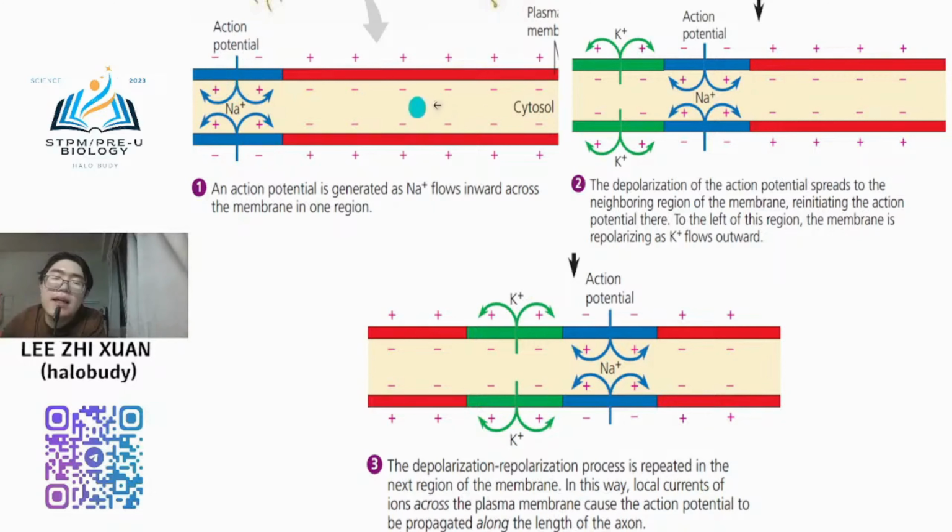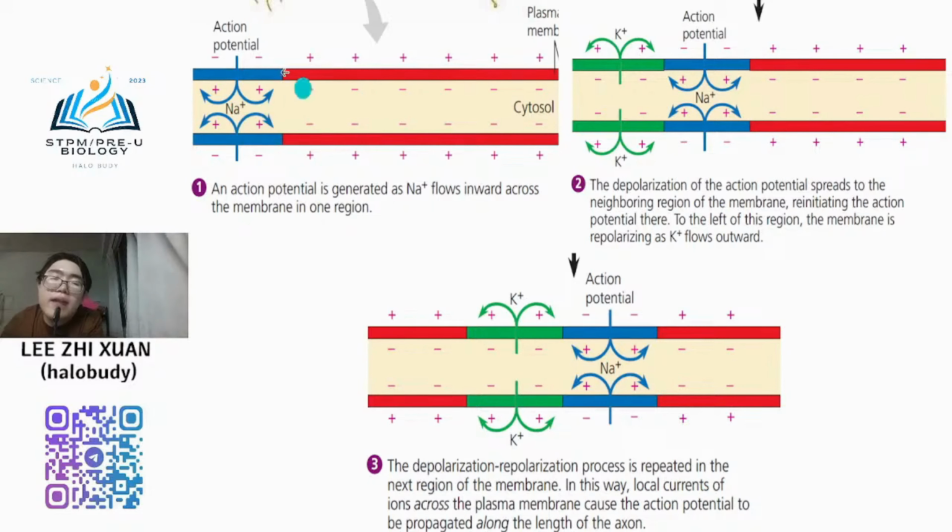Other regions still maintain a negative charge. When the nerve impulse triggers the action potential, sodium ions influx into the axon. Now this region, I call it the A region, it will become the action potential.